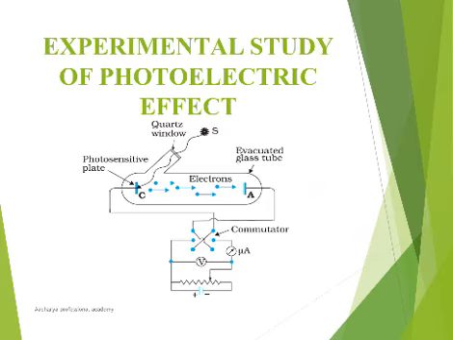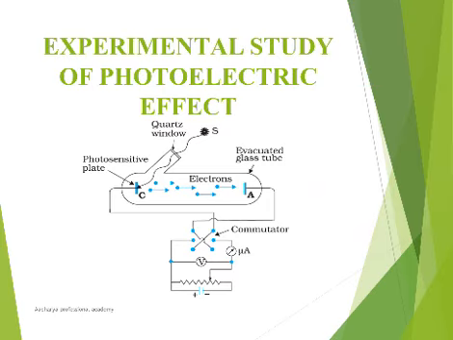What is the emitter or cathode doing? The cathode is usually a metal plate, such as cesium, potassium, sodium, or zinc, and it emits electrons when light falls on it.